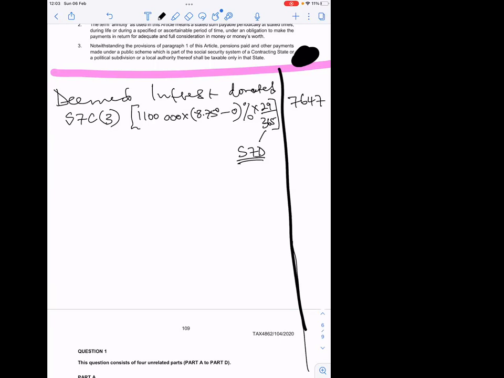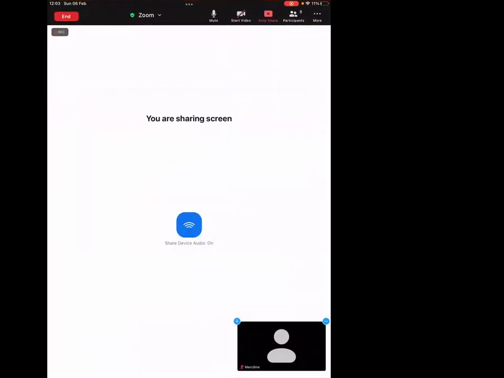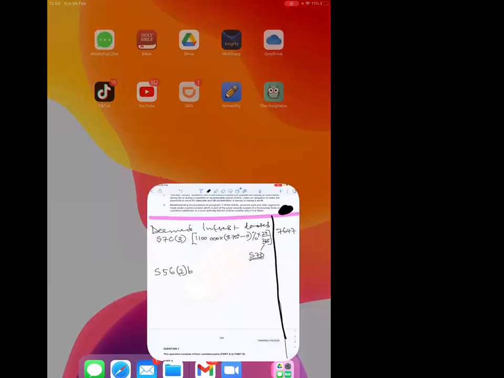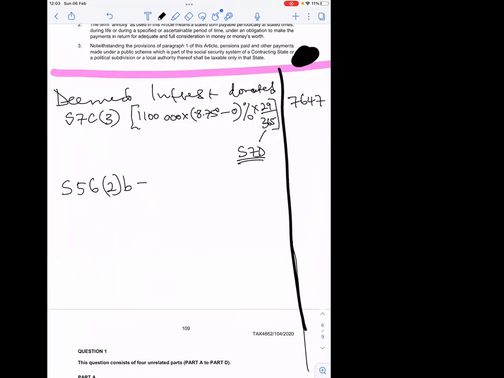So it's a natural person. Are we going to have any section 56 2B exemption? Yes, this is the only donation. It is going to be there. So you write here, it is an amount of 100,000, but it shall be limited to 7647.